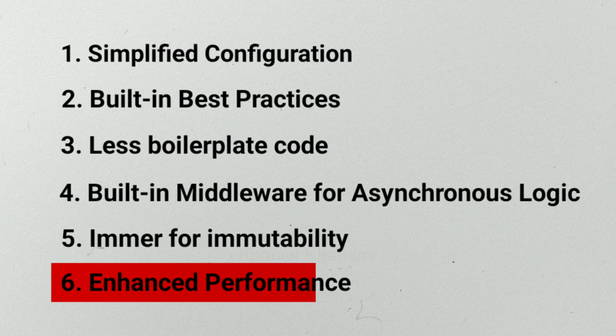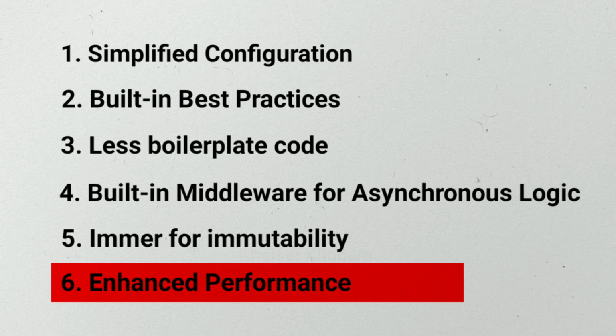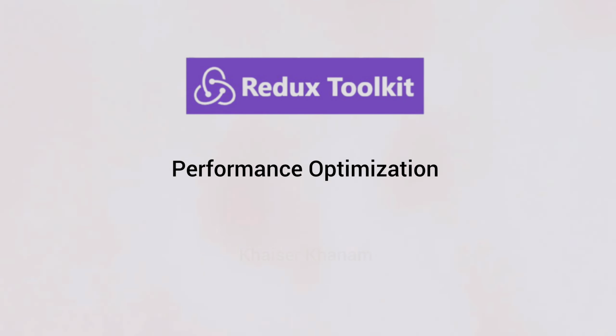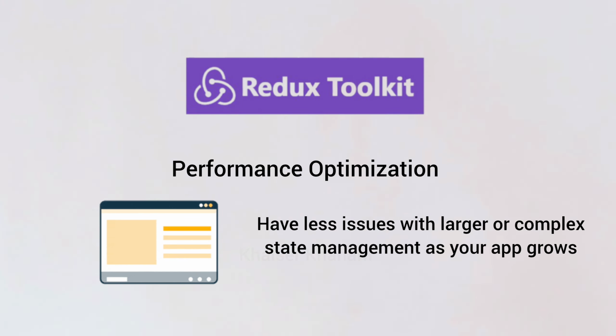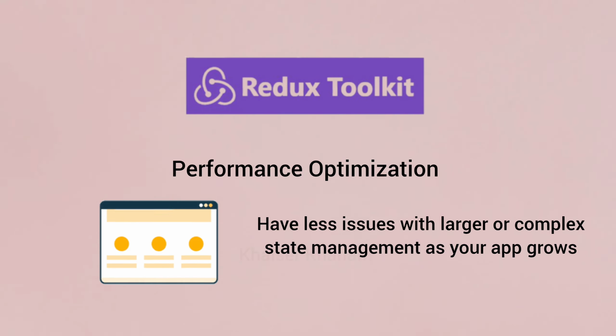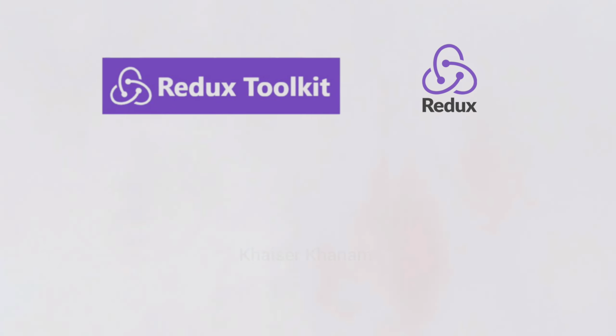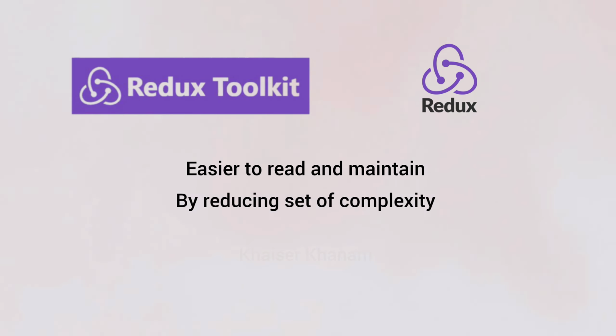And last and final reason is enhanced performance. So Redux Toolkit has performance optimization out of the box, meaning you will be having fewer issues with larger or complex state management as your app grows. So in short, Redux Toolkit makes Redux easier to use and maintain by reducing setup complexity, improving readability, and following best practices automatically.